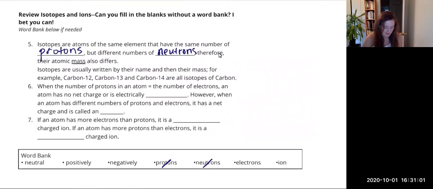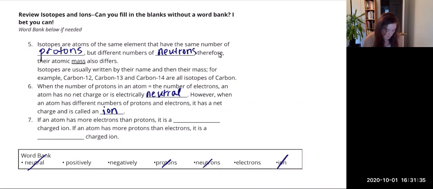Let's talk about ions. Ions are when an atom has lost or gained electrons. So when the number of protons in an atom equals the number of electrons, that means they have equal parts of positive particles and negative particles, then the atom has no charge or is electrically neutral. However, when an atom has different numbers of protons and electrons, it has a net charge and it is called an ion.